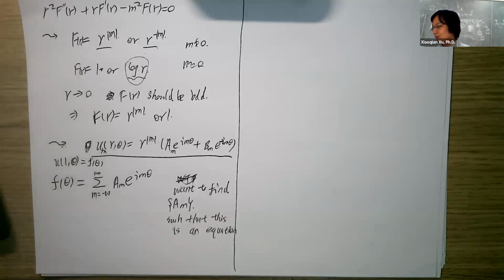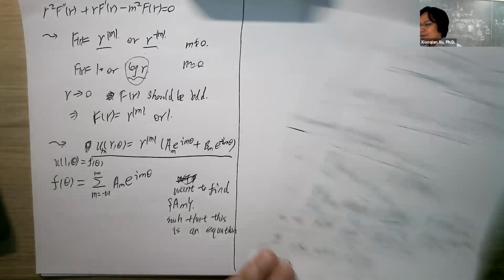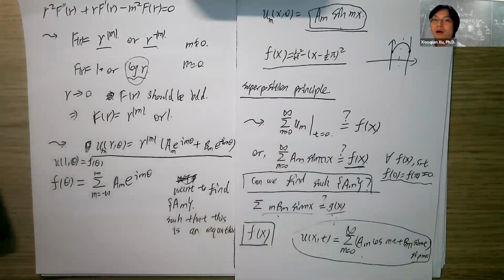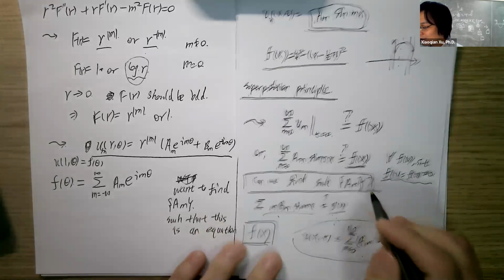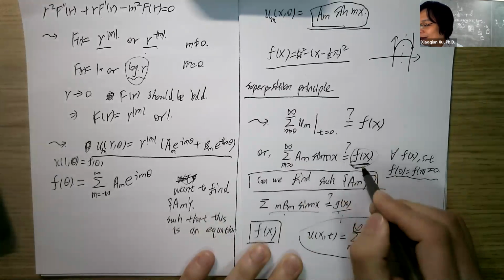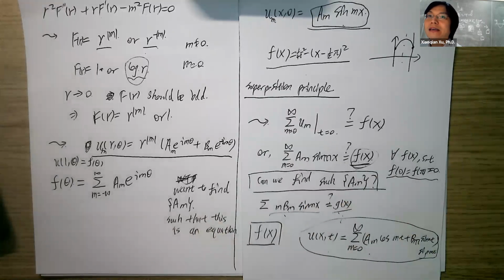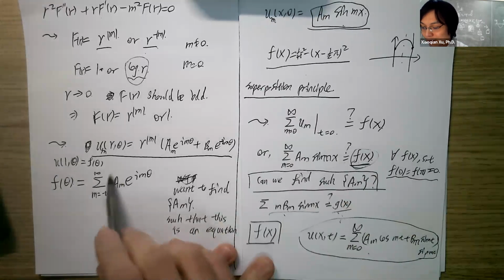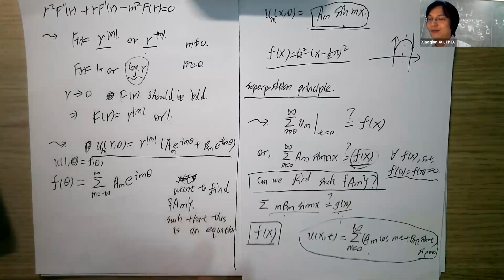So you see, we have two very similar problems. One is you want to find f of x to be expanded by the trigonometry functions, or someone calls it the trigonometry series. Or you want it to be expanded as this e to the i m theta, but of course e to the i m theta is nothing but trigonometry functions.